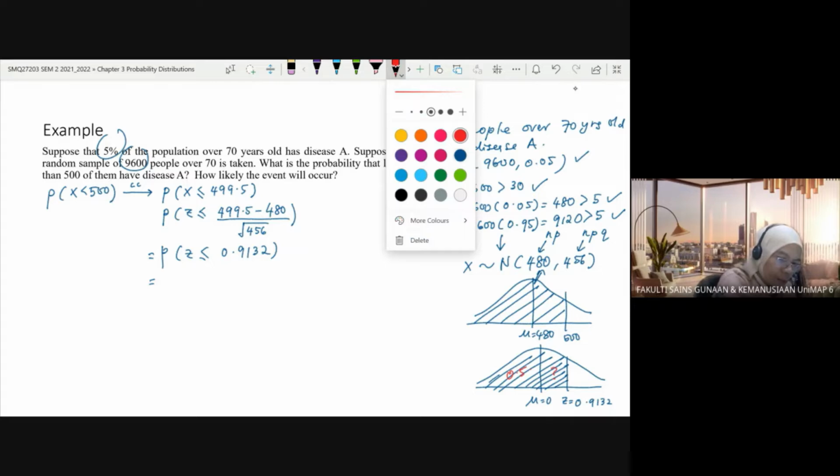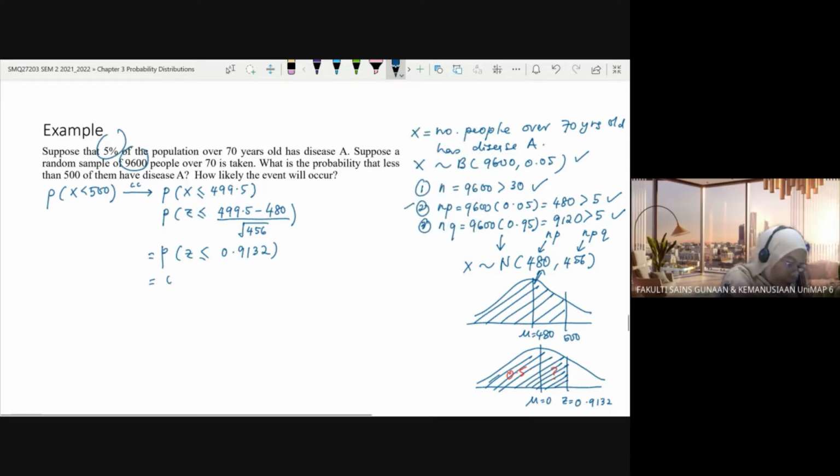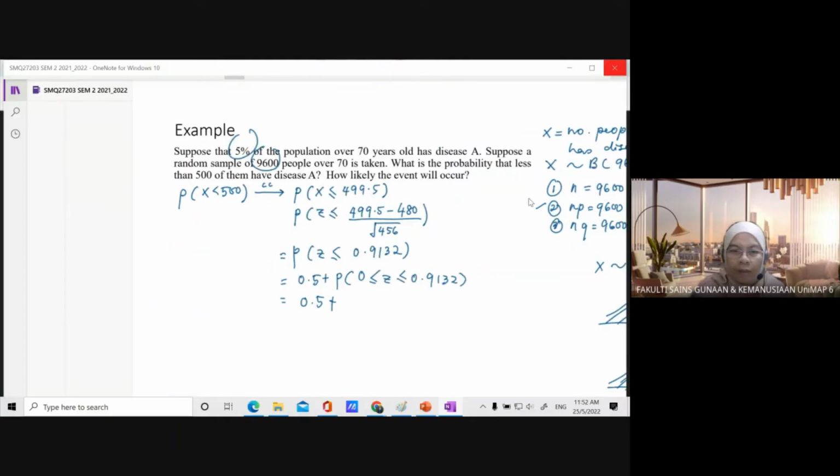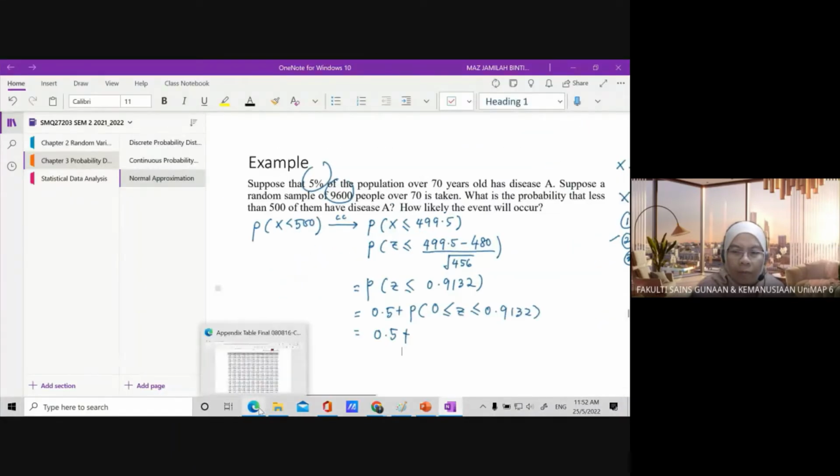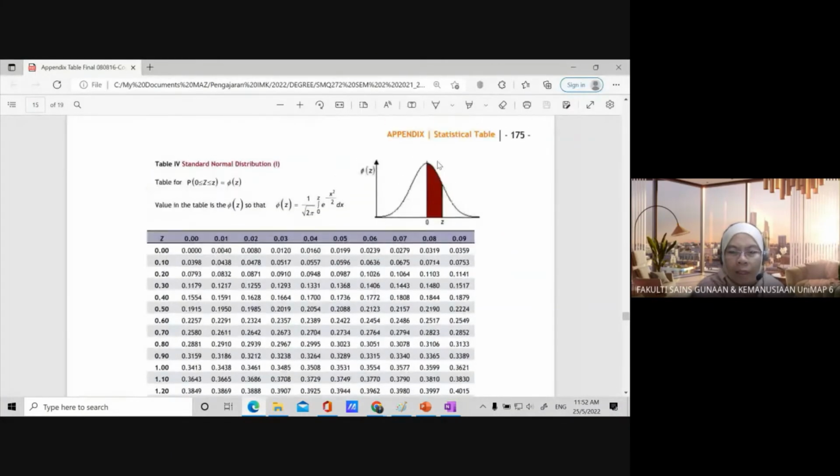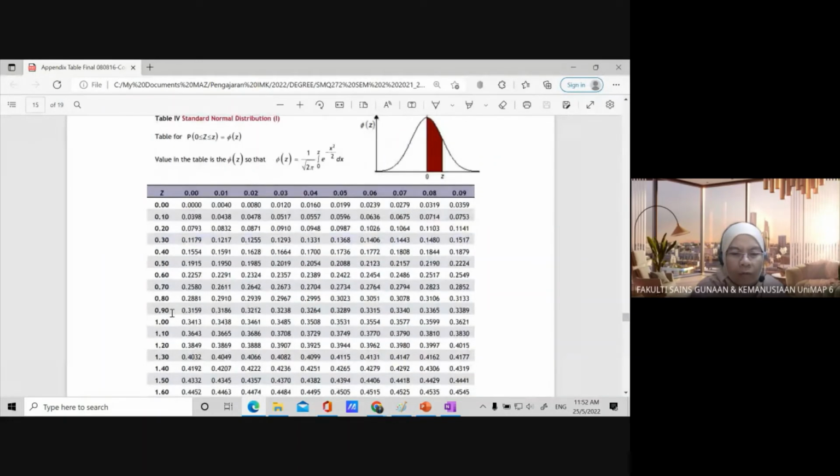So we have 0.5 plus the probability of z covering from 0 until 0.9132. Refer to your standard normal probability distribution, and look for 0.91.